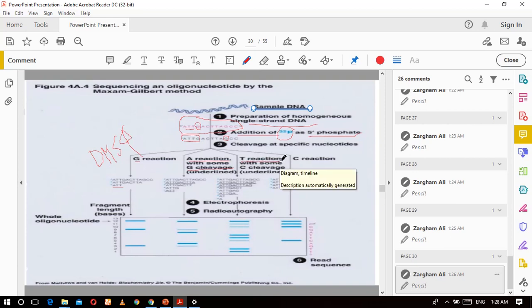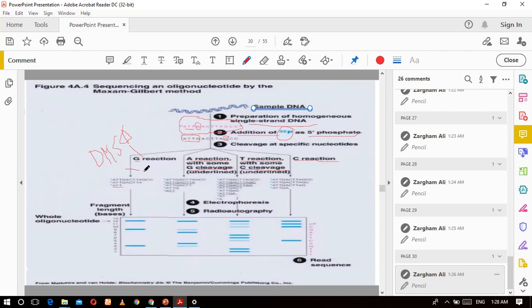Wherever T is present, T is removed, and occasionally C is also cleaved. After this, we have a C reaction. Wherever in the sequence C is found, C will be removed.